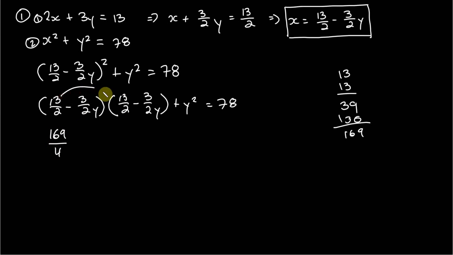And now we have 13 over 2 times negative 3 over 2. Well, 13 times 3 is 26 plus another 13, that's going to be 39. And it's negative, so negative 39 over 4y.